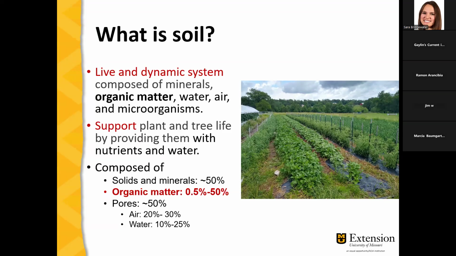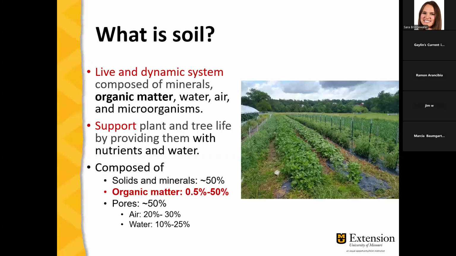Essentially, the soil supports plant and tree life by providing them with nutrients and water. Organic matter plays a role there by releasing nutrients from itself, since it comes from plant residues or animal residues. The soil is, as I mentioned, composed of solids and minerals, about 50% of it.